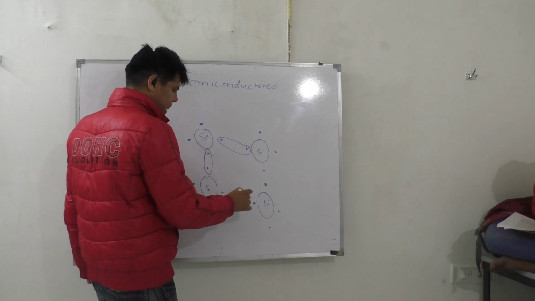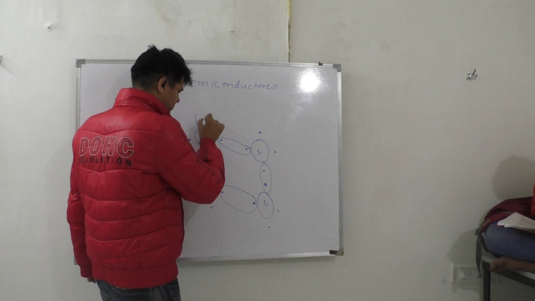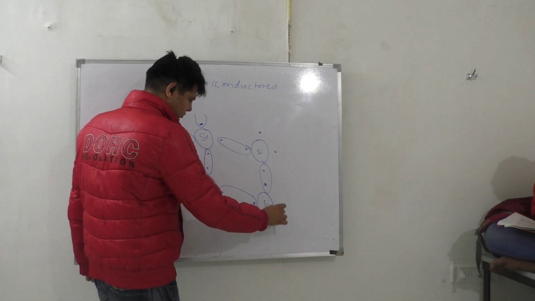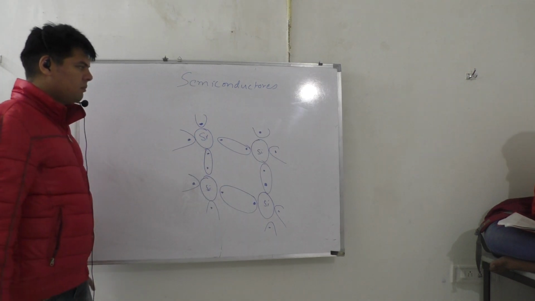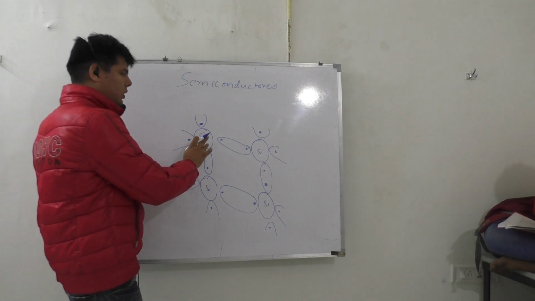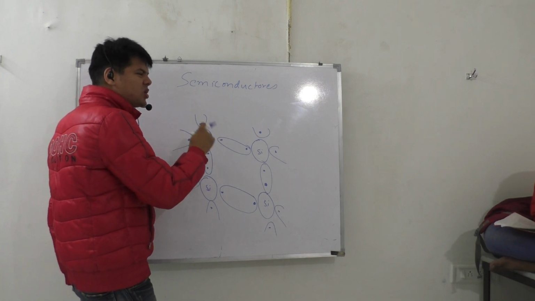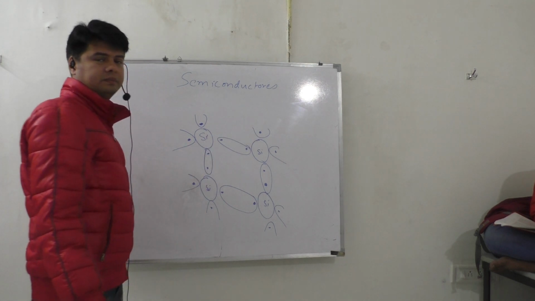Just like these electrons, 1, 2, 3 and 4 are mutually shared by another atom of the same element.